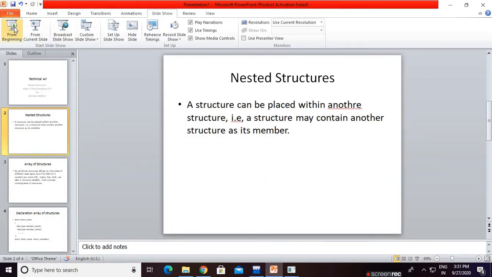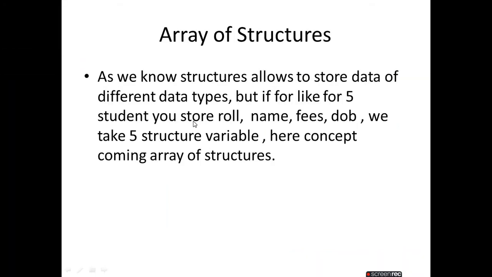Next, again go to our slide. Array of structures. As we know, structures are allowed to store data of different data types. For example, we would like to store the roll number, name, fees, and DOB of 5 students.